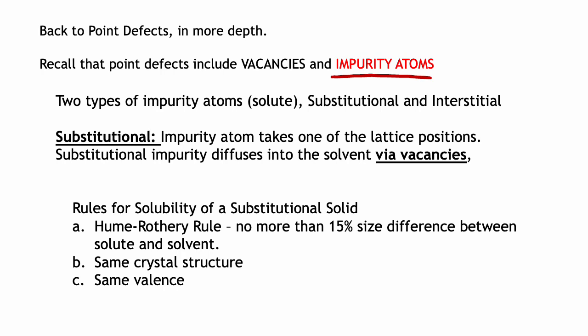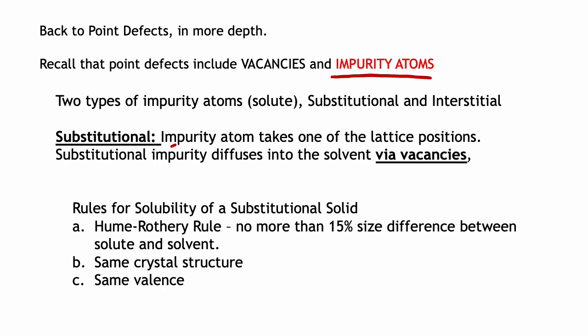And like I said, the substitutional impurities are those that take up the space left behind when an atom vacates a lattice position. So they diffuse by jumping from one vacancy to another. If there aren't any vacancies, substitutional diffusion can't happen.